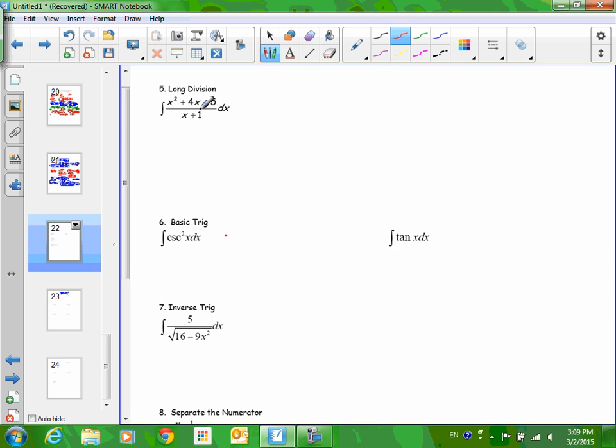So I can't split this up. I mean, I could split it up. That's not going to help me. All right? When the degree of the numerator is greater or actually equal to the degree of the denominator. Okay, see how this is an x squared over an x? That's a pretty good indicator that you're going to need to do long division.